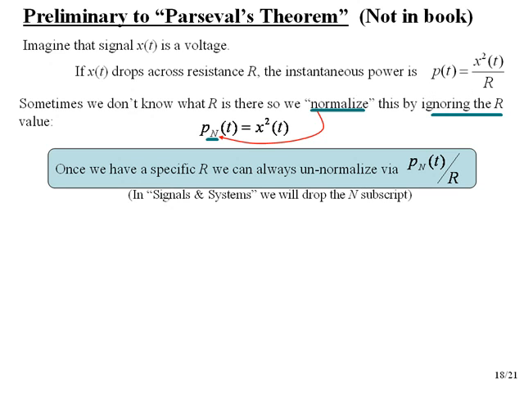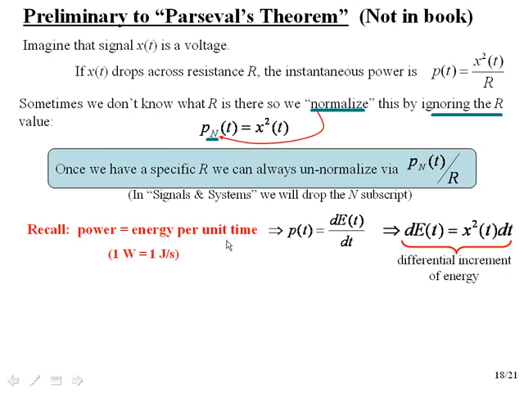Once we've normalized it to unit resistance, if we know that we do have a specific R, we can always unnormalize it by dividing the normalized power by R. But we're typically not going to do that. So in signals and systems, we're going to drop the subscript n, and we'll just say that P of t is equal to x squared of t, with the understanding that we're imagining that this is a unit resistor that this power is occurring within.